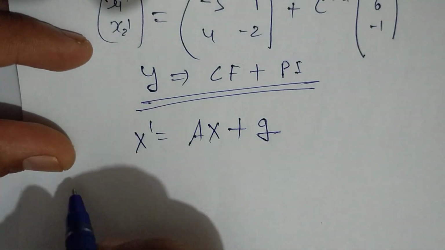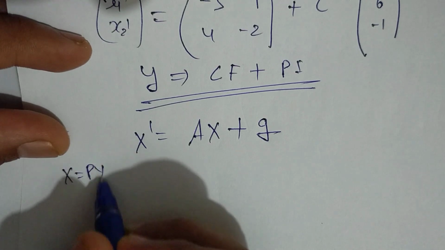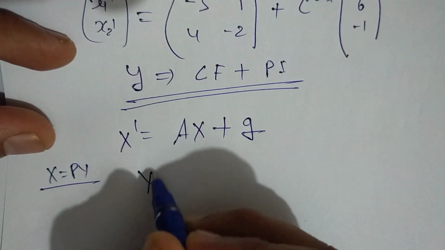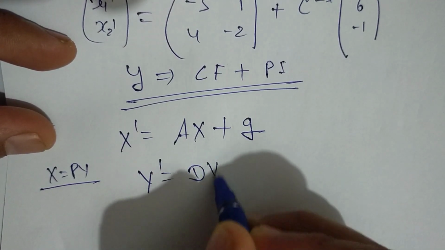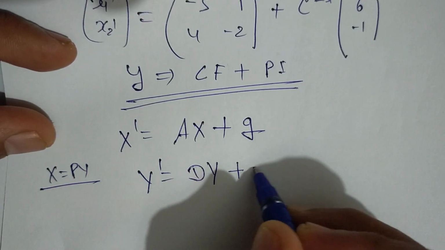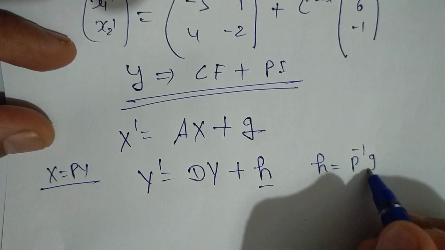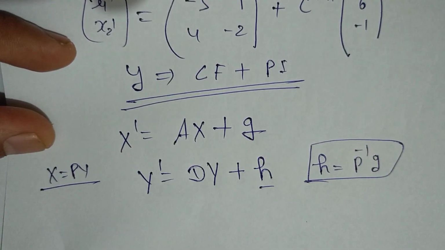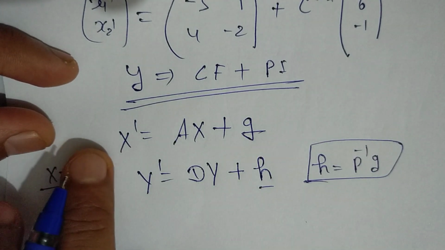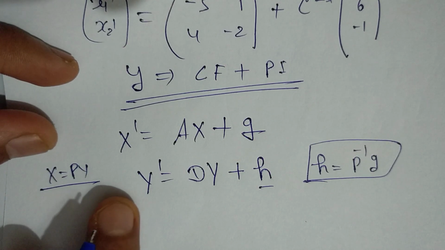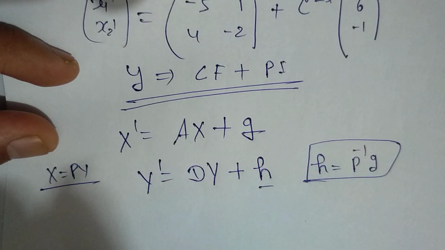Already I told you, x equal to Py. If you substitute, we get y dash equal to Dy plus h, where h equal to P inverse g. You just have to multiply by P inverse, then we get h equal to P inverse g.